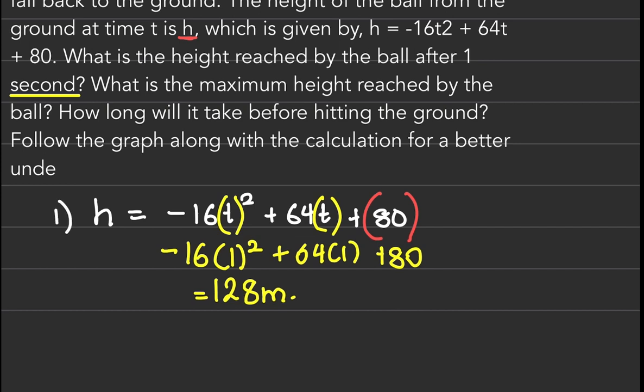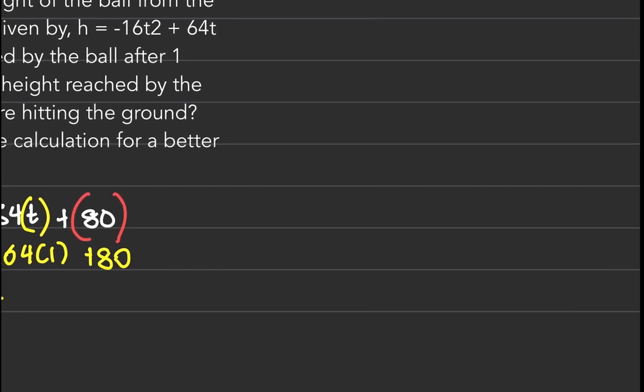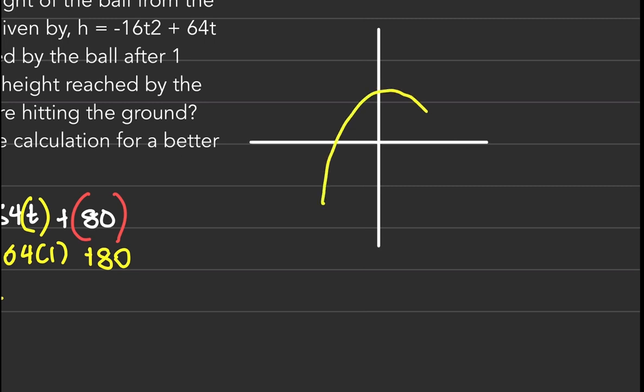Now they're asking us, what is the maximum height reached by the ball? Now, if I were to ask you, we had a coordinate plane and you had a parabola, which would be the highest maximum point? That would be the vertex. That's the maximum possible value that you could get from this.